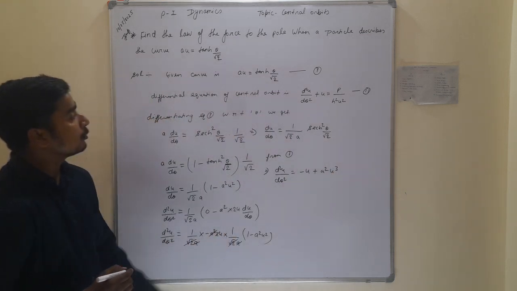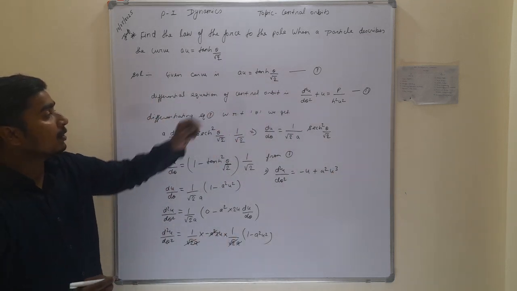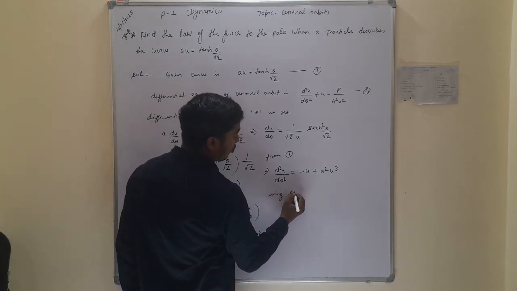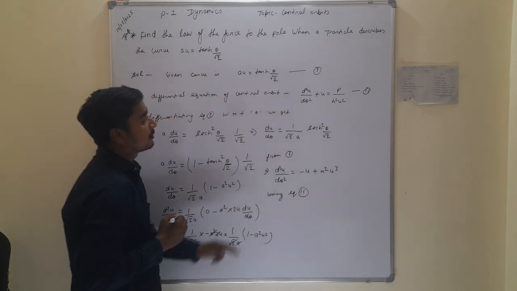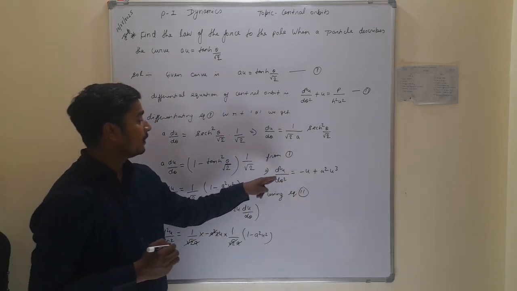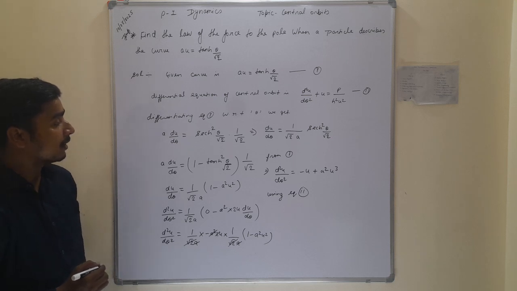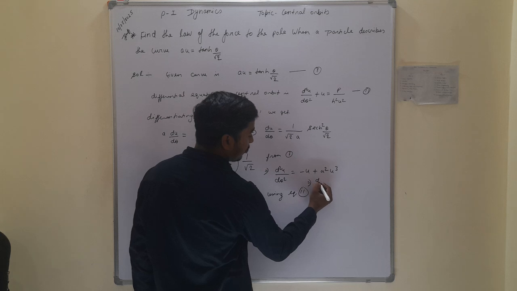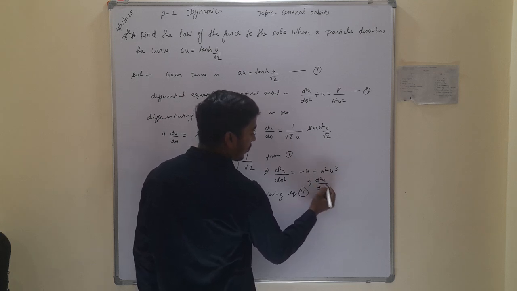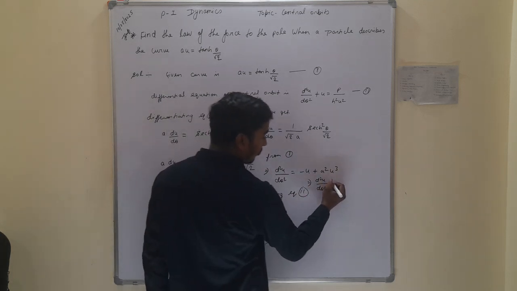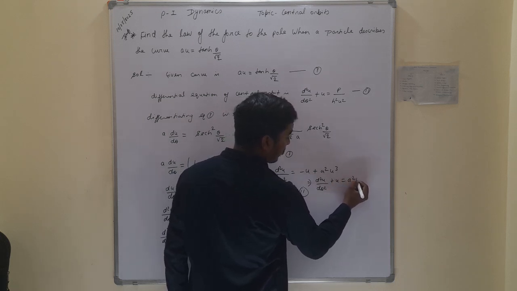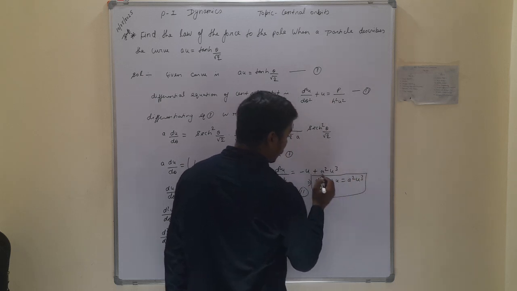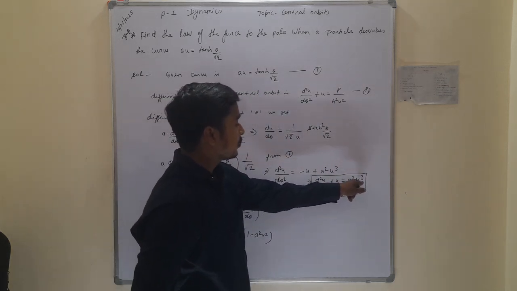Using equation 2, the differential equation of central orbit, we put in the value of d²u/dθ². Taking −u to the left-hand side, we get d²u/dθ² + u = a²u³.